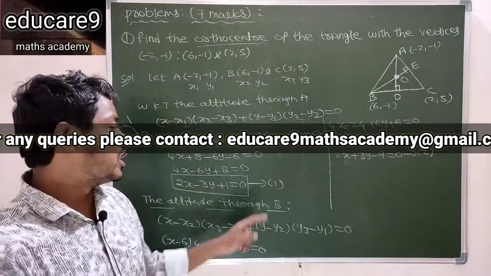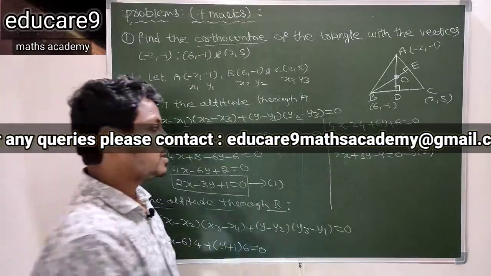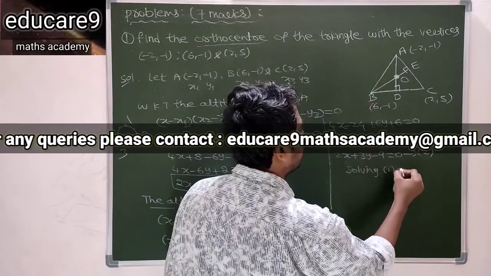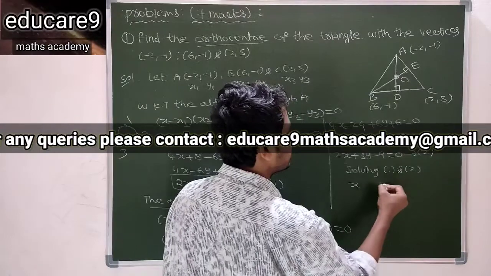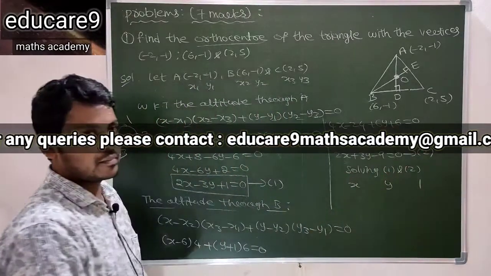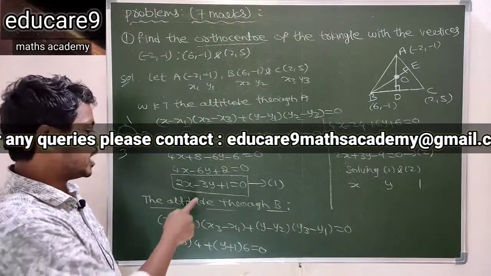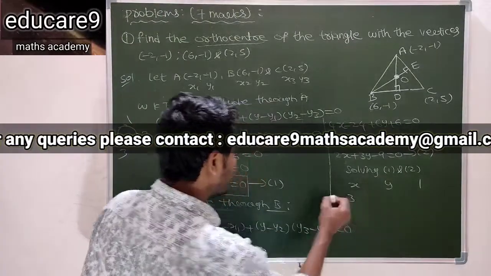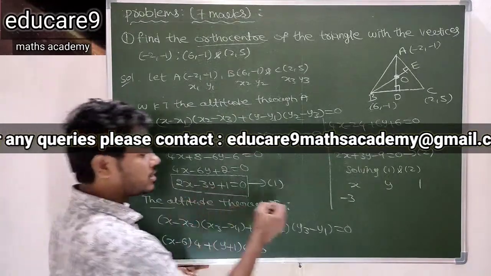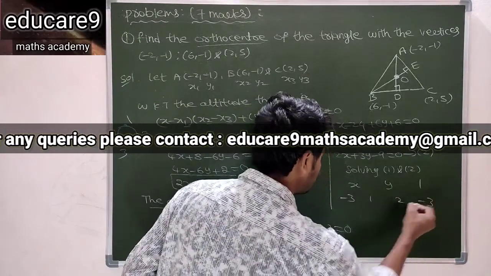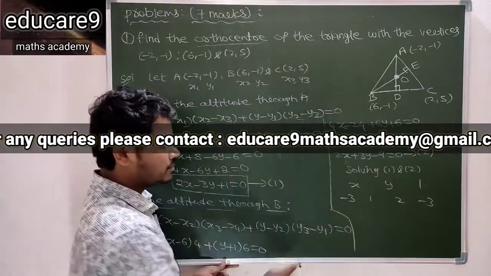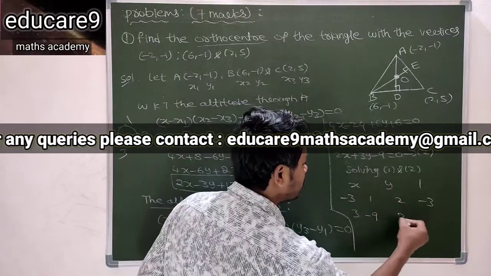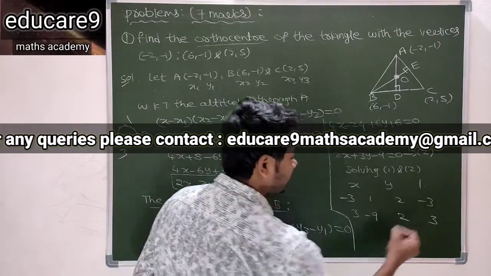Now we have to solve both equations 1 and 2. Solving 1 and 2, write x, y, constant. We have to write from the second, that is minus 3, and write horizontally 1, 2, minus 3, 1, 2, minus 3. Next, 3, minus 9, 2, next 3.